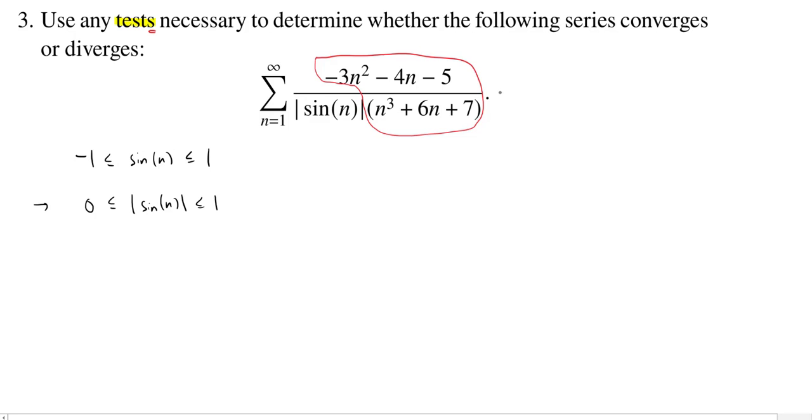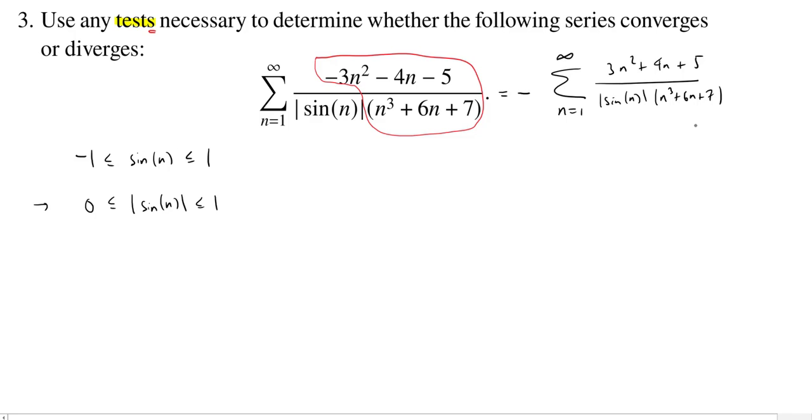So I'm immediately going to pull a negative out of this numerator, and then I will have just positive terms to worry about, which means when I multiply, it's not going to change the order here. So again, we have absolute value of sine on the bottom and this n cubed plus 6n plus 7.